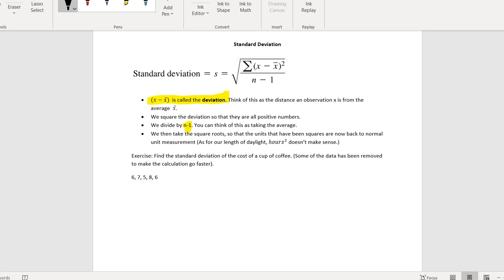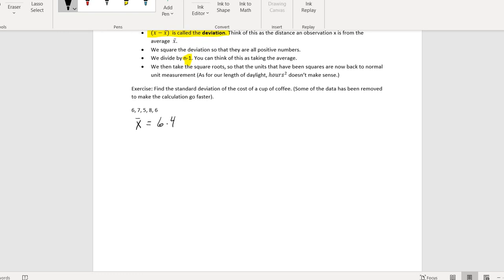So for this example, first we're going to have the numbers 6, 7, 5, 8, and 6. So x bar, if we take all these numbers, add them together, and divide by 5, is going to be 6.4. Next, what we're going to do is find the deviation of every observation from the mean and square it.